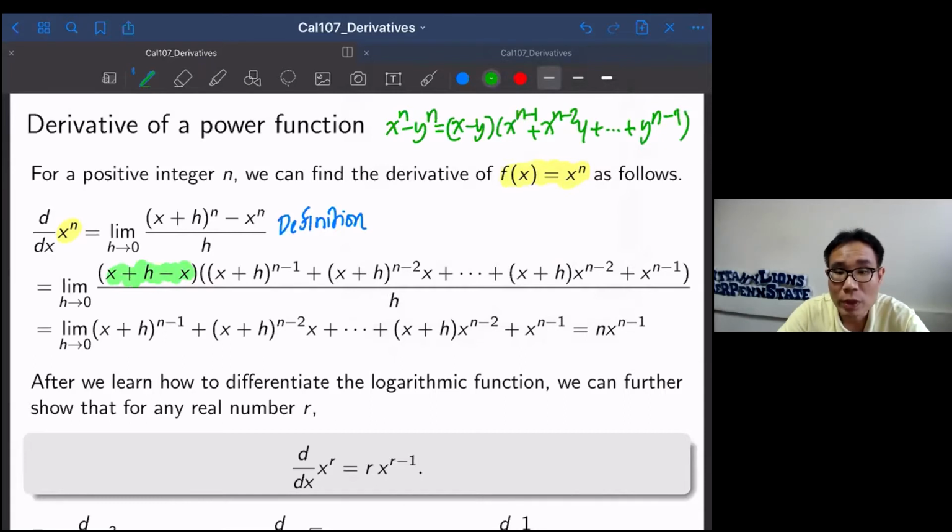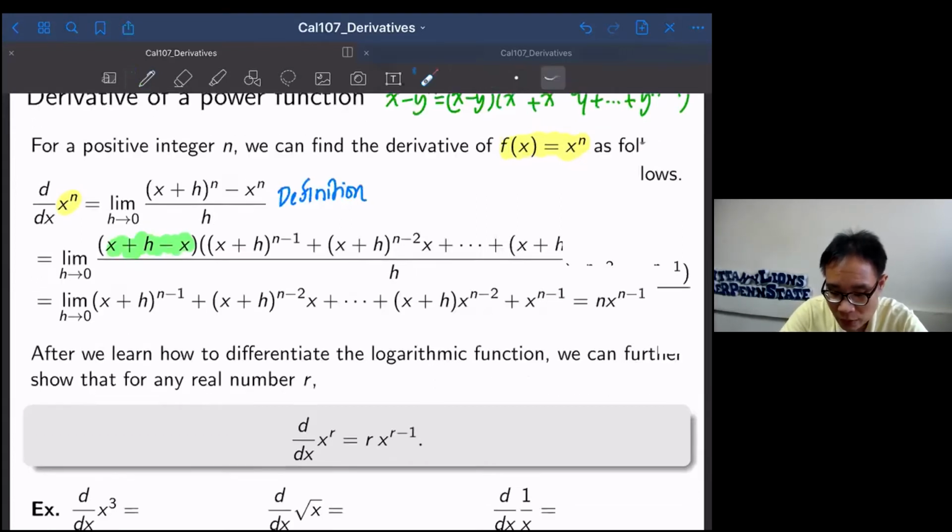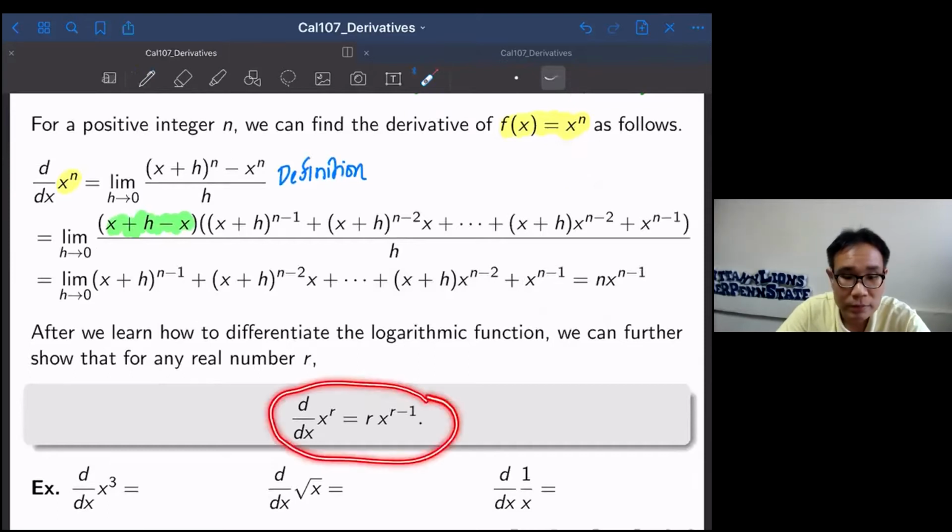You don't need to memorize this one, and you don't need to be able to prove this one. I just show it here, and the thing that you need to memorize turns out to be just the final formula. Okay, so let me finish this.